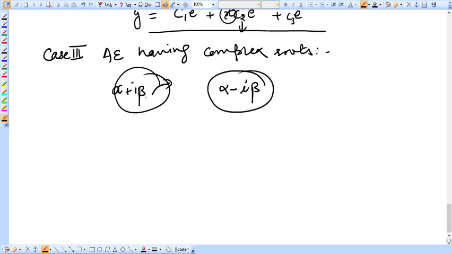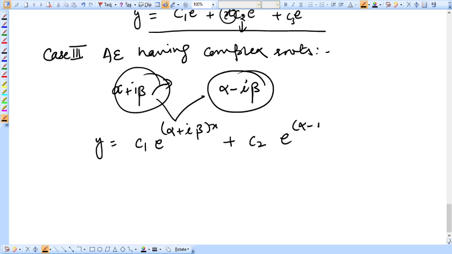So if we have these two roots, the solution in this case would be y is equal to c1 exponential of alpha plus iota beta times x, plus c2 e raised to power alpha minus iota beta times x, right?